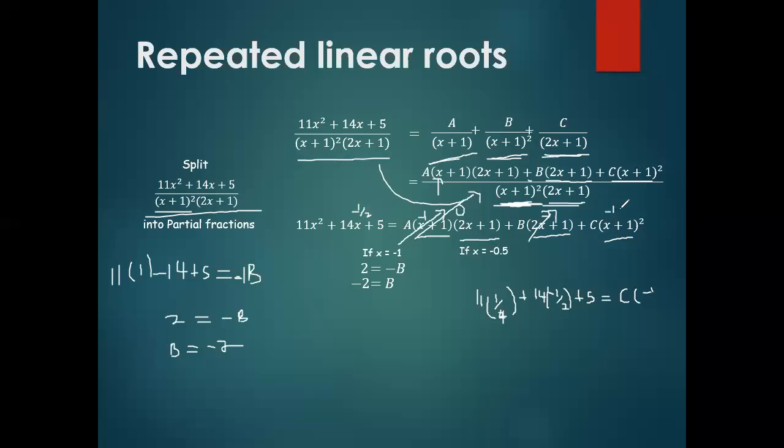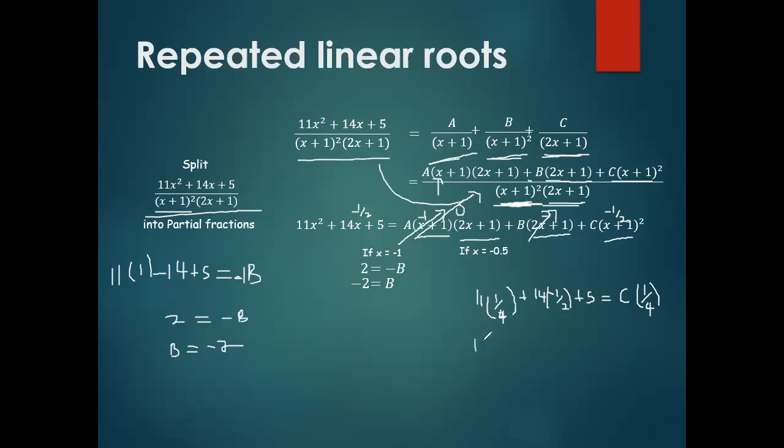Negative half plus 1 will be half. I'm not going to write that step, so let me just write half here. Half squared is also going to be 1 over 4, that is, 1 over 2 squared will be 1 over 4.